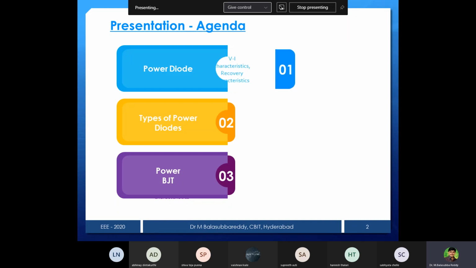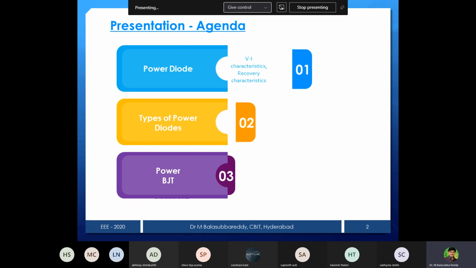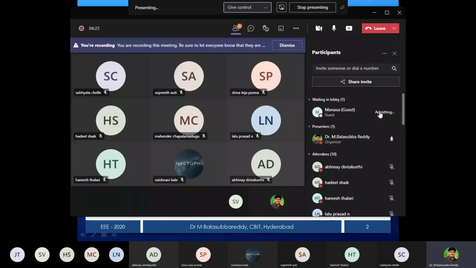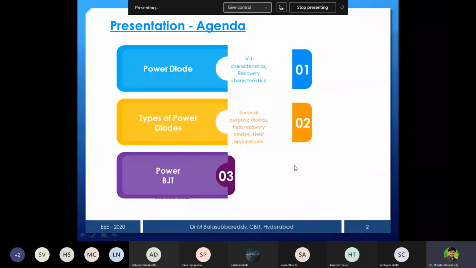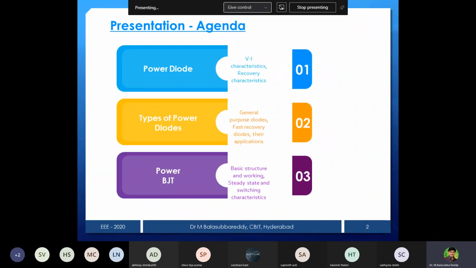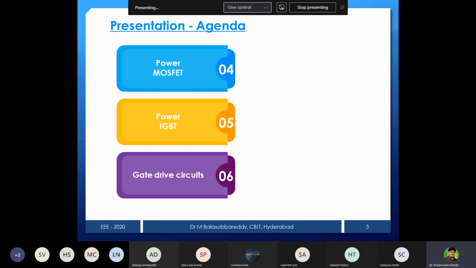The topics will be like this: power diode, in that VI characteristics, recovery characteristics, and types of power diode, that is general purpose diodes, and then fast recovery diodes and their applications, and power BJT. Here we need to see the basic structure, working, steady state, and then switching characteristics. And then MOSFET, the same concept whatever we discussed in BJT.